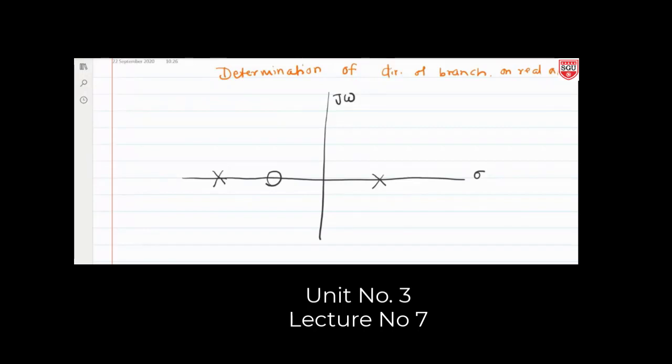Then we have to decide from where to where the branches move. In this condition, 2 poles and 1 zero are there. How many branches will there be? In this example, 2 branches will be there. And from where will the 2 branches start?